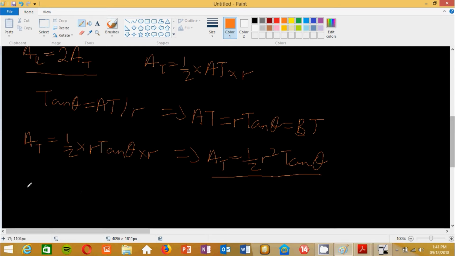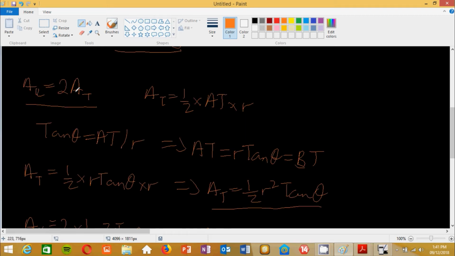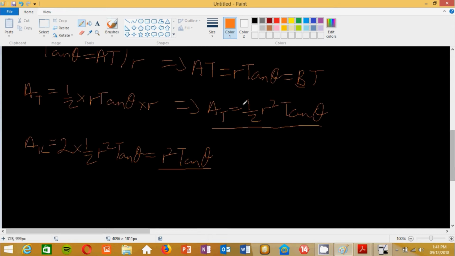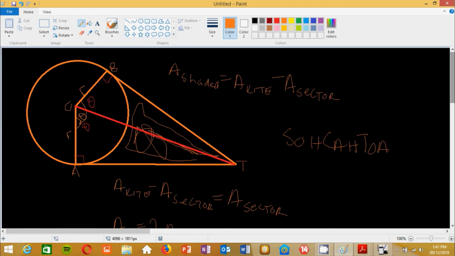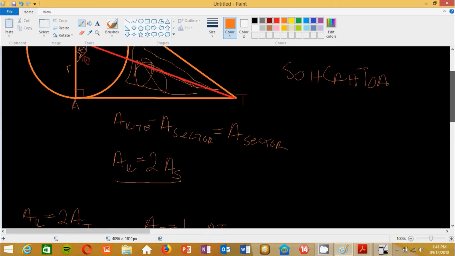So the area of the kite is going to be 2 times a half r squared tan theta, which is just r squared tan theta. Remember, I said the area of the kite is twice the area of each triangle. If this is the area of each triangle, the area of the kite is twice that, so it's r squared tan theta. How does that help me?